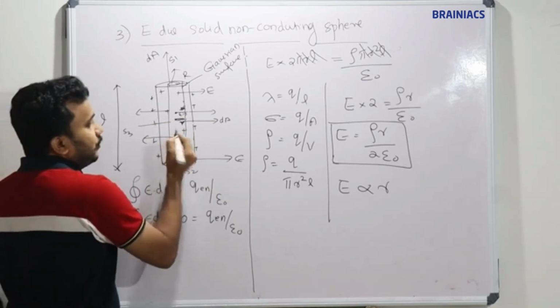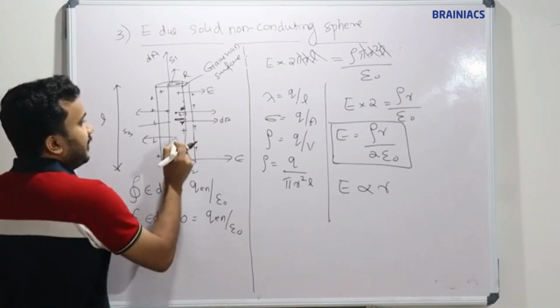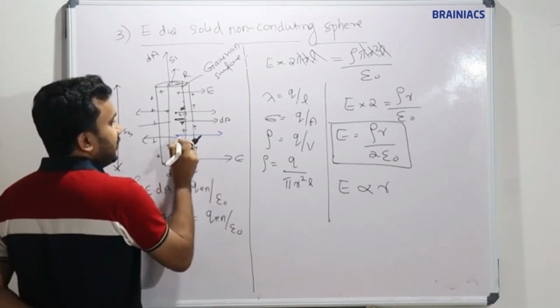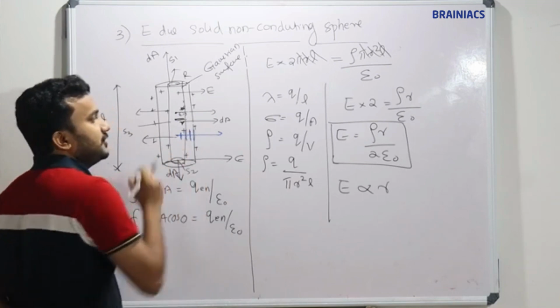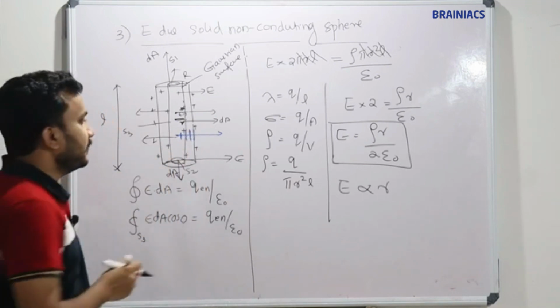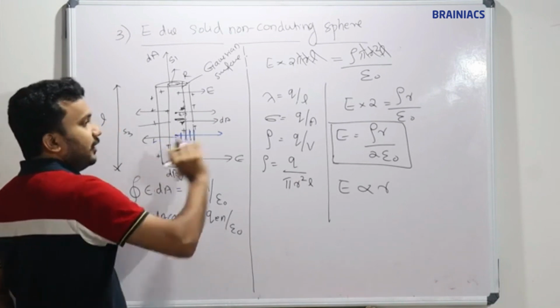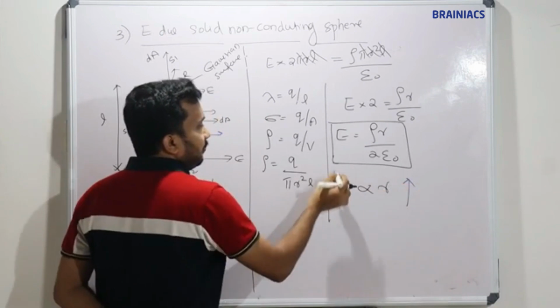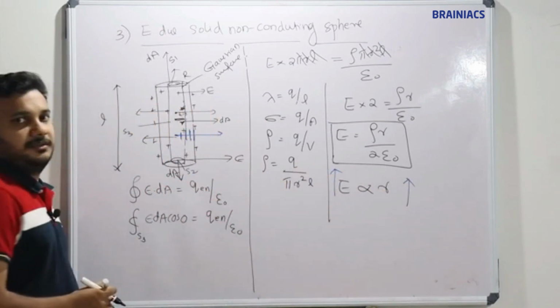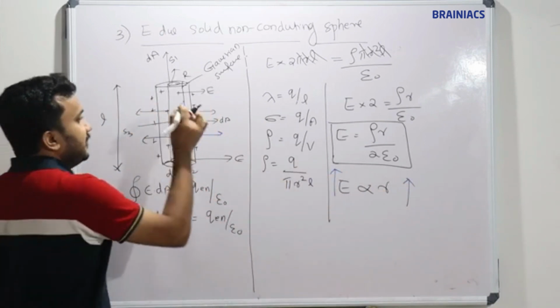If I am moving from the center towards the outside, here the electric field is more, here more, here more, and at the surface the electric field is maximum. So if you are moving away from the center, the electric field will keep on increasing as r increases. So this is the electric field intensity at inside.